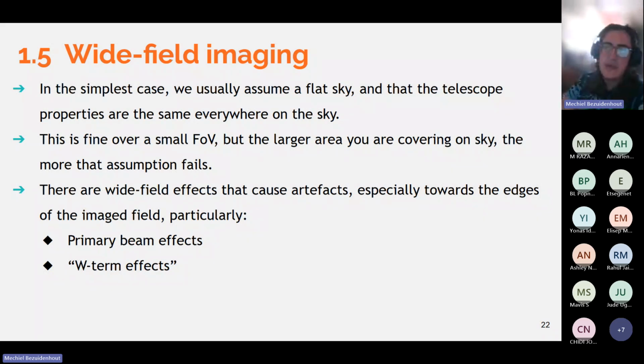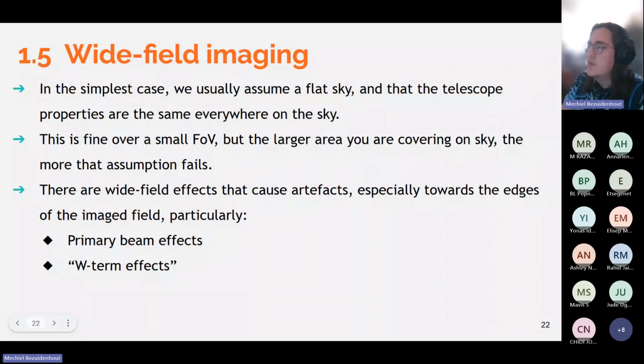And this is especially important in the era of interferometers, which have very large fields of view, like MeerKAT, which has a 1 square degree field of view, and these wide field effects can be very, very important in your image. So two of the major effects that can cause problems when we are observing a wide field are the primary beam effect and what's called the W term effects.